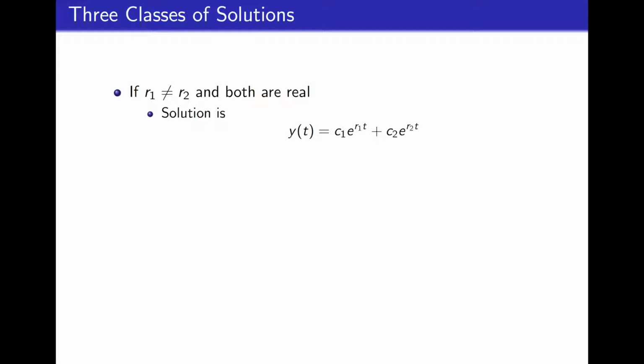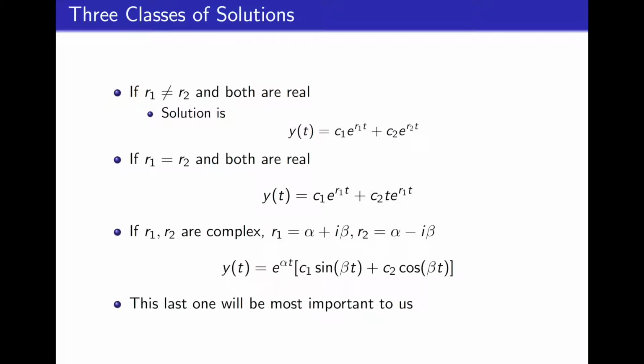First, if R1 and R2 are different but real, then the solution is going to be a sum of two exponentials, where the exponential is e raised to the R1t and e raised to the R2t. If both R1 and R2 are the same value, then we multiply that second exponential by a t in order to get two separate functions.